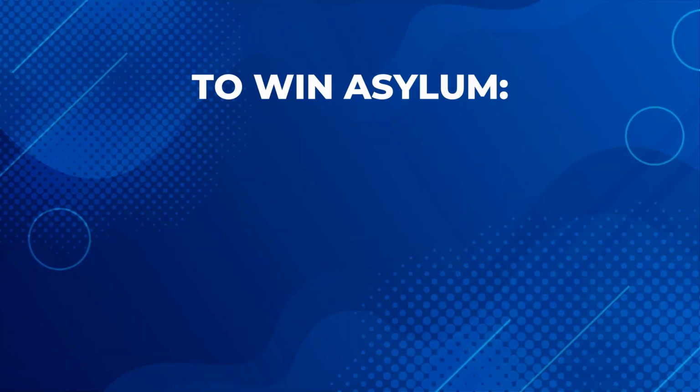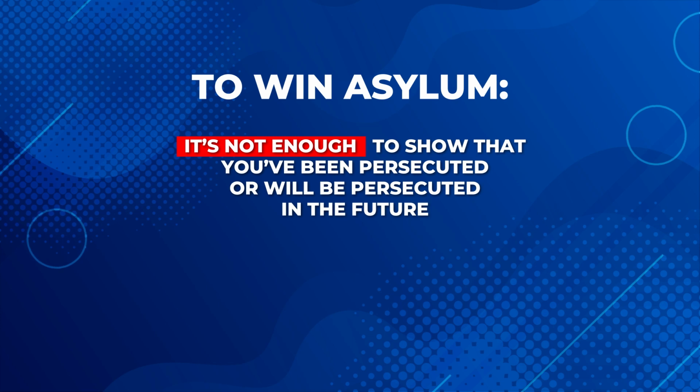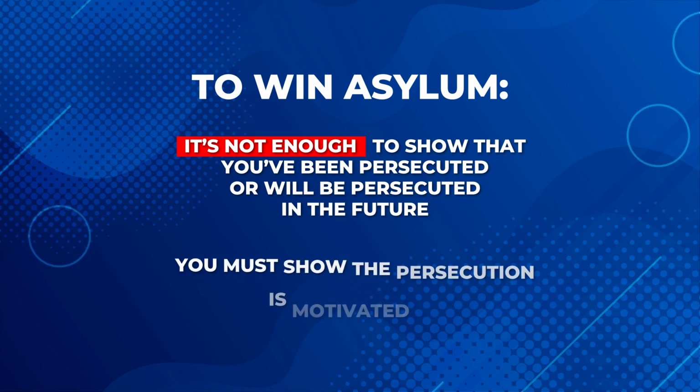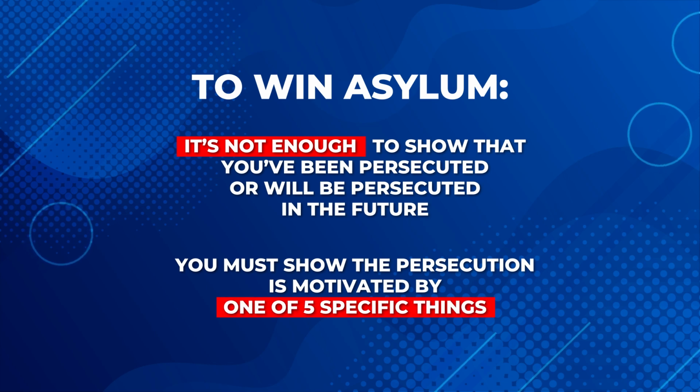You see, to get asylum, it's not enough to show that you've been persecuted or that you're likely to be persecuted in the future. You've also got to convince the asylum officer or immigration judge that this persecution is motivated by one of 5 specific things. What matters here is the persecutor's perspective. What is it in their mind about you that they don't like and which causes them to want to harm you?